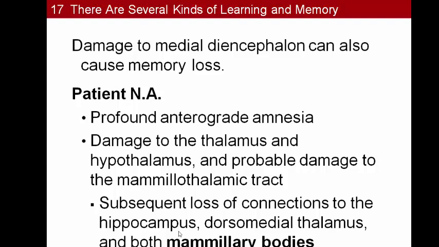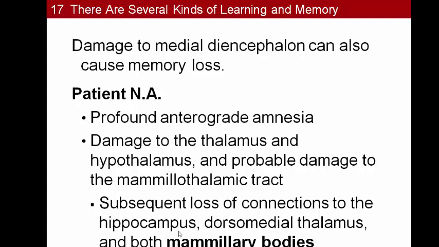What we're saying here is that his hippocampus was not damaged directly, but parts of the brain that connect to the hippocampus were damaged. So this leads us to believe that it's not just your hippocampus, that there is a circuit of different structures that are important for memory, and that if one or more of those structures is damaged, that will cause memory loss.